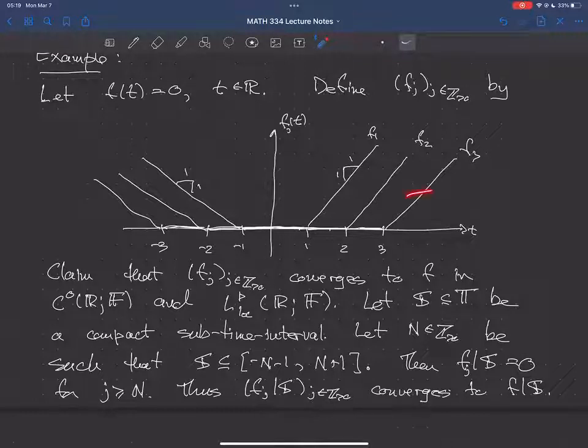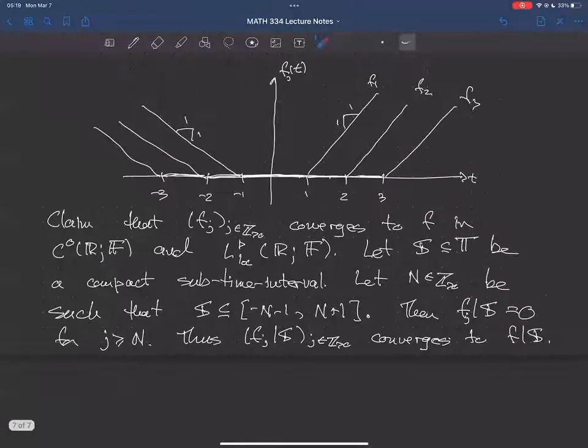Now, what's going on outside each compact subinterval for a fixed approximation j can be pretty unpleasant. So we see here that it's a pretty poor approximation to 0 outside any compact subinterval, but that doesn't keep it from converging to 0 with this notion of convergence.